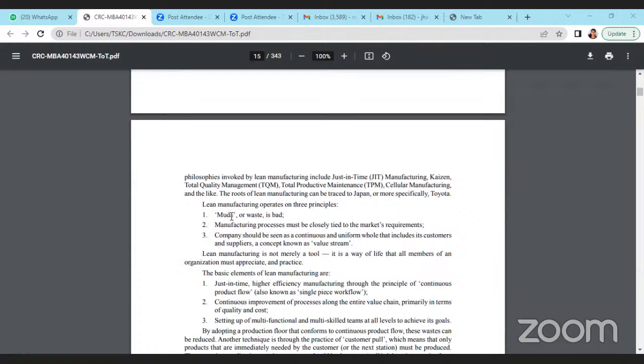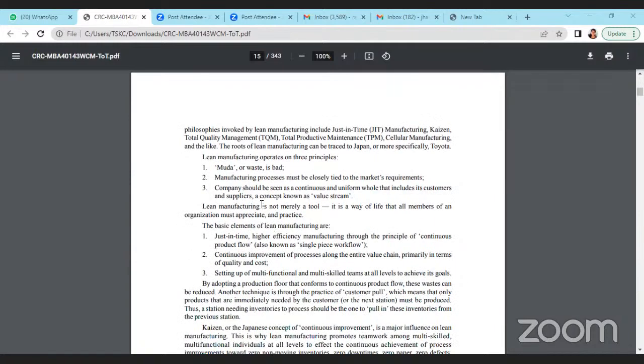Lean manufacturing has three principles. Waste has to be cut down; the manufacturing process must be closely tied to the market requirements; and the company should be seen as a continuous and uniform whole that includes its customers and suppliers, a concept known as the value stream.